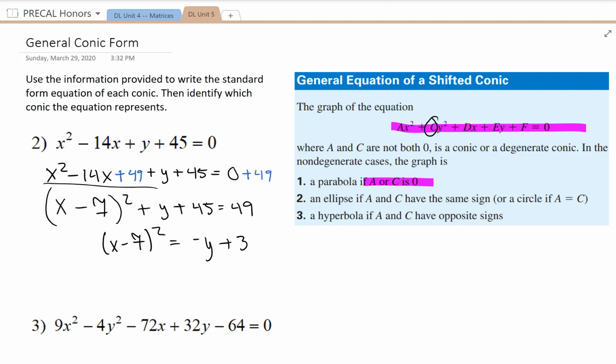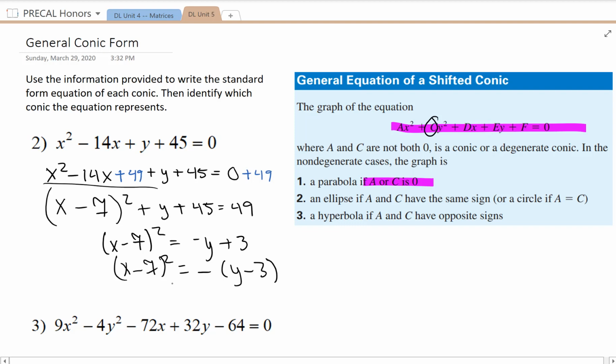And so we're going to factor out this negative so that it's y plus or minus some quantity. Negative y minus 3. And yes, indeed, we have either an up or down facing parabola. Actually, this sign right here tells us that it faces down.